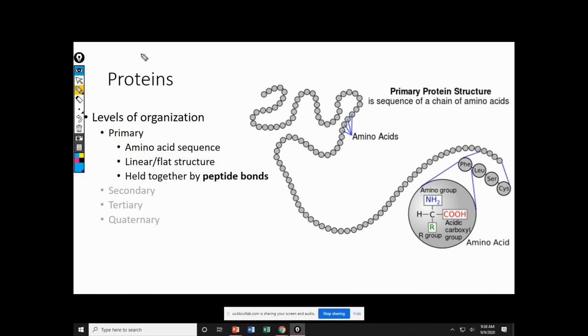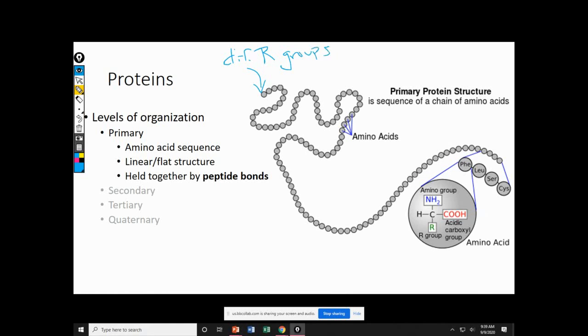So remember, we have 20 different types of amino acids that are all interesting and unique that we can lock together into a chain. Okay, so each of these round dots on the screen here would be a different amino acid. These all have different R groups potentially attached.